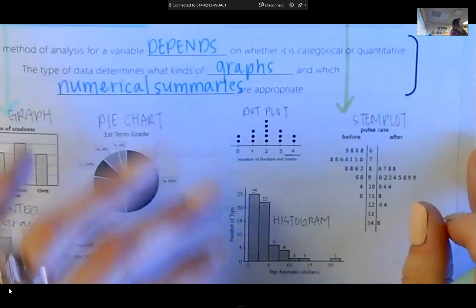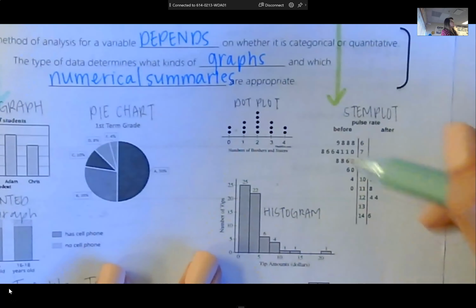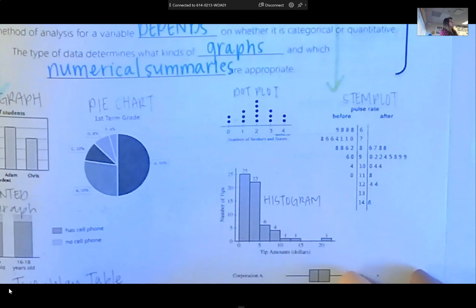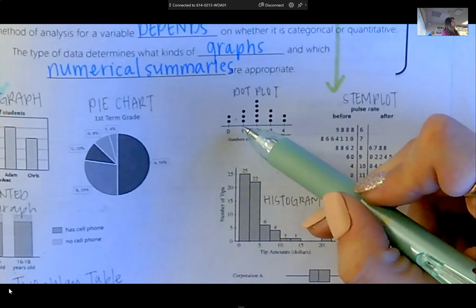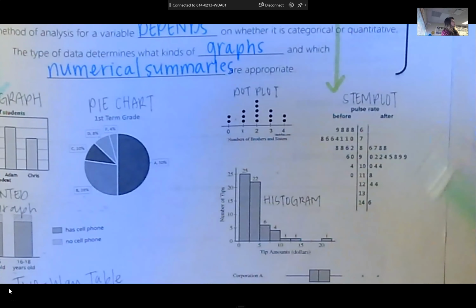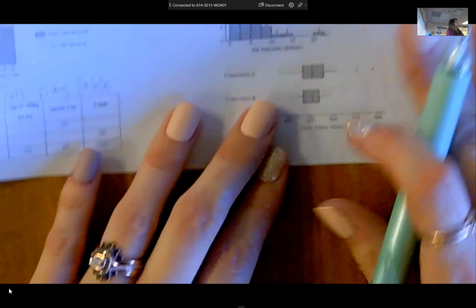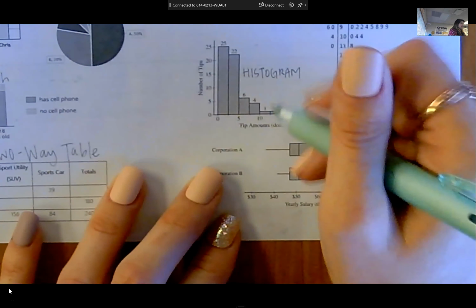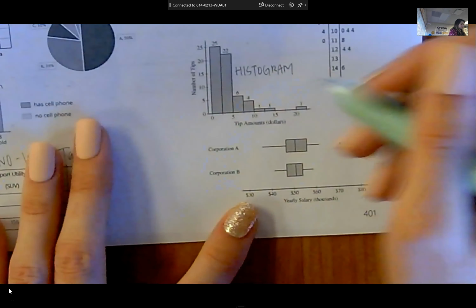It's similar to a dot plot, except that you can actually see your data values. So instead of seeing 3 dots on one, you would have 3 ones here. And then the last guy, he's the best one, but sometimes the most annoying. He's a box plot.